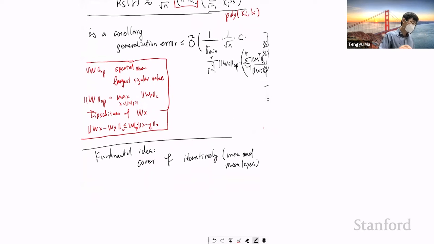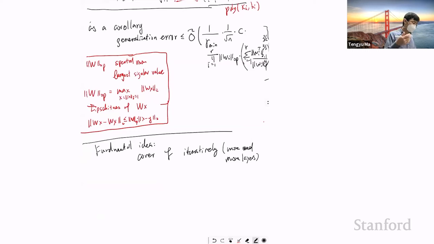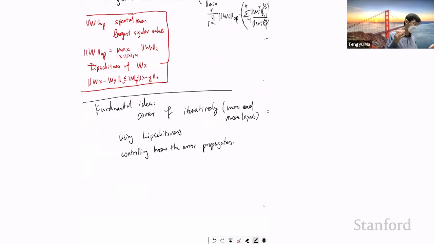And how do you do this iteratively? You have to use the Lipschitzness, in some sense the Lipschitz composition lemma that we have discussed, and also control how the error propagates. So that's a high-level summary.